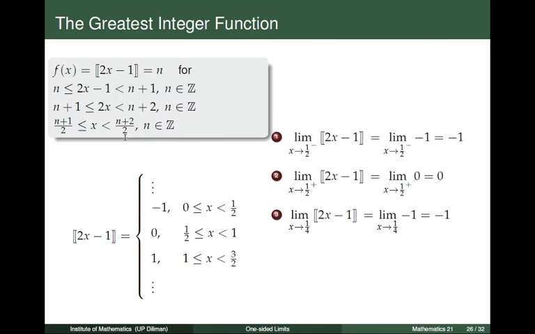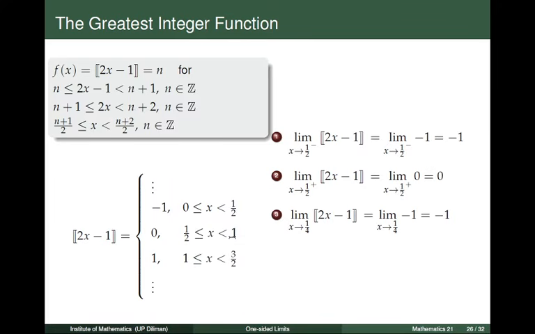So in particular, the GIF of 2x minus 1 is 0 precisely when x is between (0 plus 1) divided by 2, or 1/2, and (0 plus 2) divided by 2, or 1, where 1/2 is included and 1 is not included.